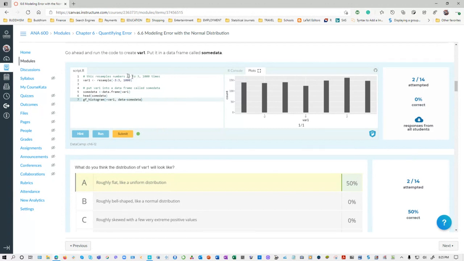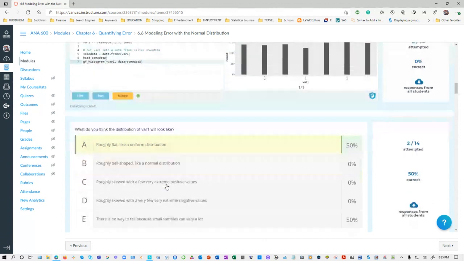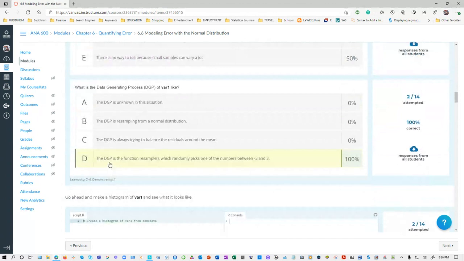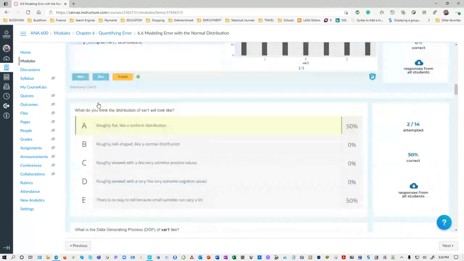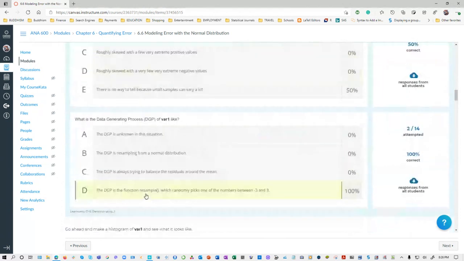But in order to do that, you really need the data points. You created 1000 data points, fit them into a histogram, and show it is uniform. This DGP means your population is given by this code.